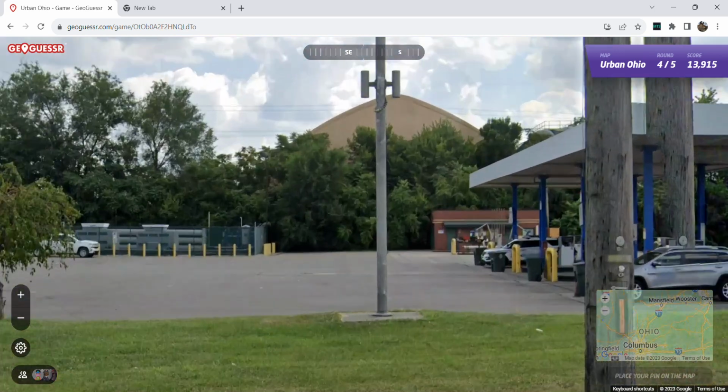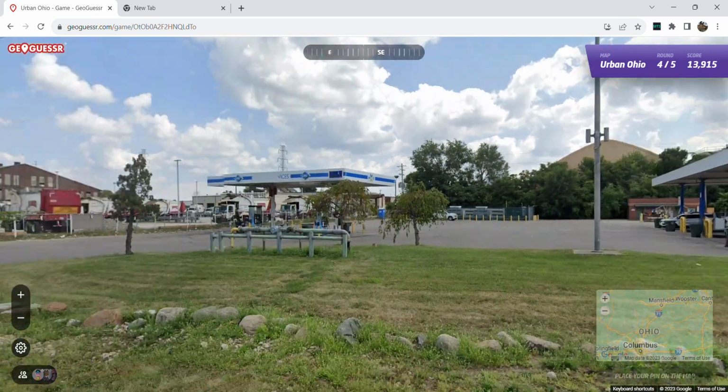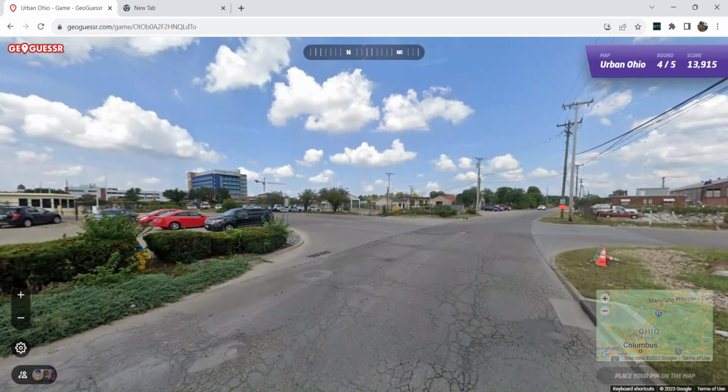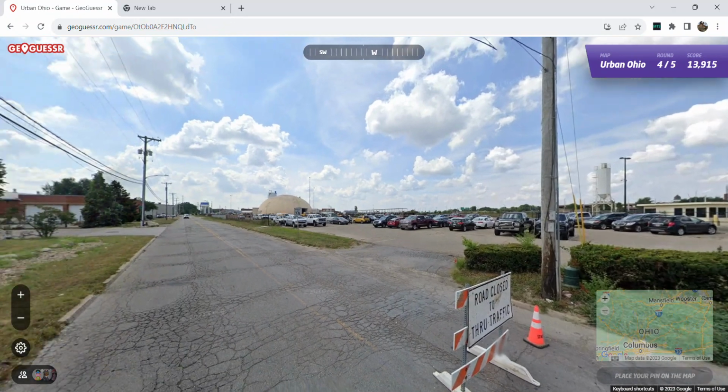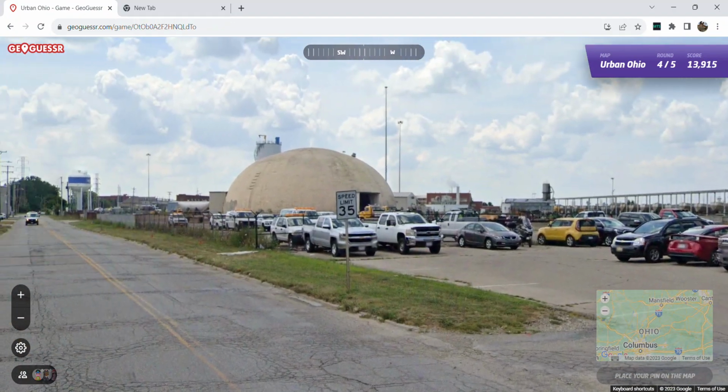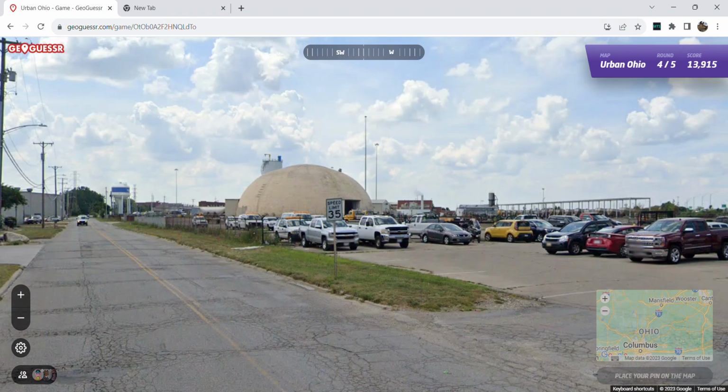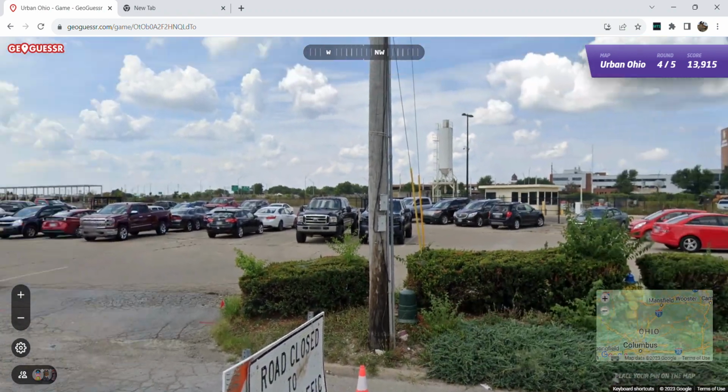These I think are like these salt container kind of buildings that are used by like the Department of Transportation. I think it would make sense. We're getting a lot of like kind of city vehicles, city trucks here.